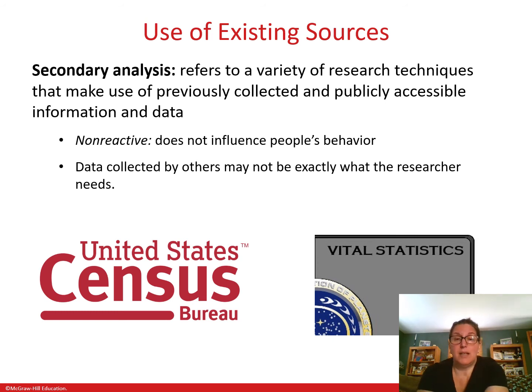easily accessible, especially census data, Census Bureau data, vital statistics, as I have listed here, health data. A lot of the health data that's published is either you're given permission by the person to access it, or more than likely it's through HIPAA.